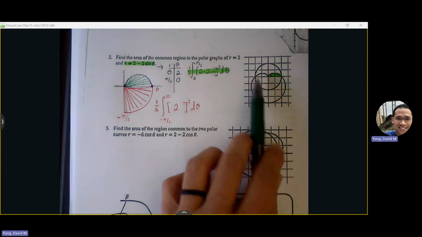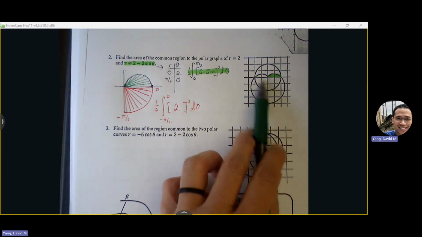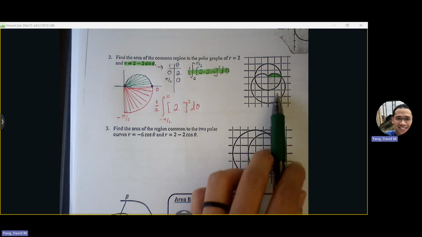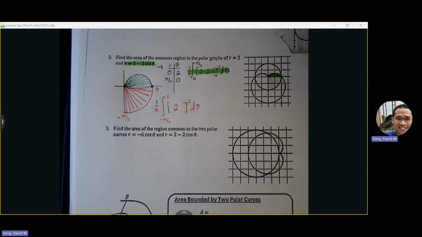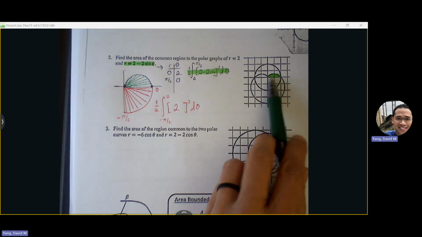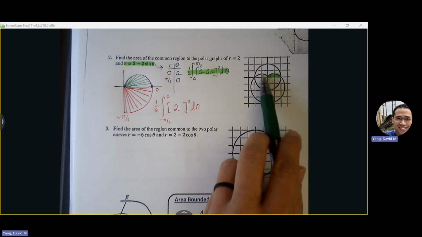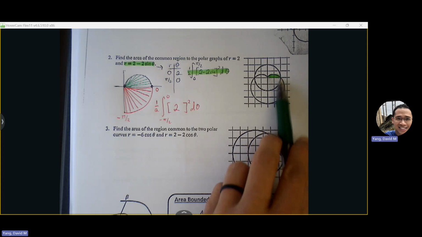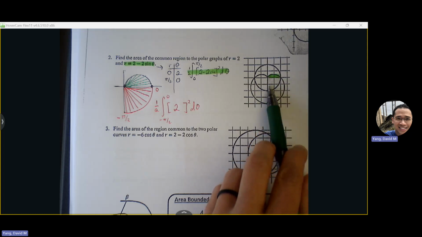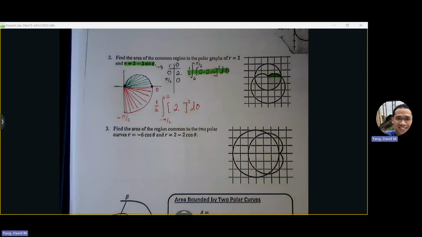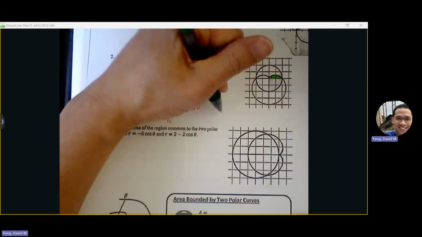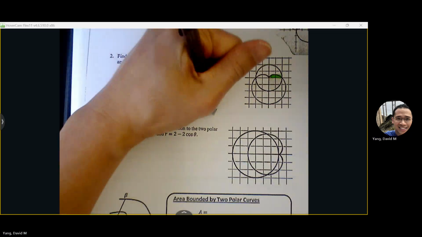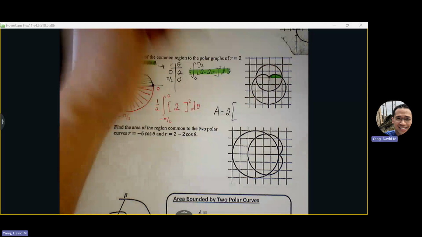No. Okay, so there's another half that I did not include at all. But the advantage here is that if we can just focus on a portion, then we can just double it, rather than having to find the area going from 0 to pi over 2 and then from pi over 2 to 3 pi over 2. It feels like a lot more work that we don't have to do. So if I can just figure out half of my region, I can use symmetry to double it in the end. So my area is just going to be this. I'm going to double my final result.